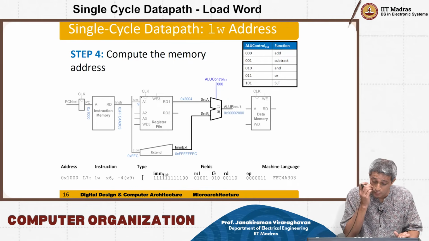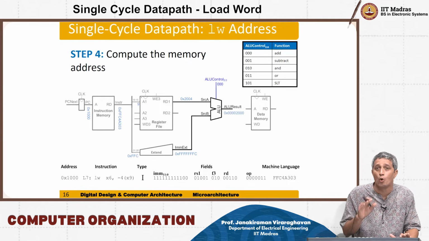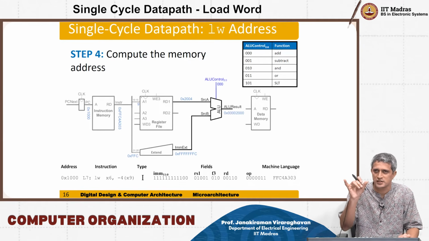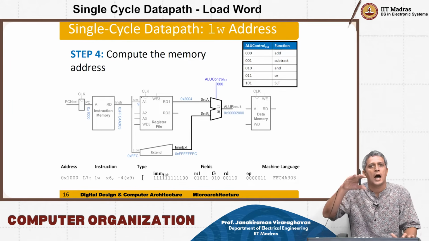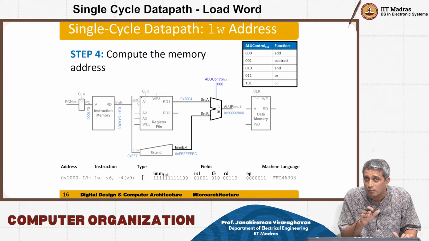Remember that in this particular operation, load word, the address needs to be calculated as register plus immediate or minus immediate, whatever it is. But after you fetch the data from the data memory, it is only being written back to a register.